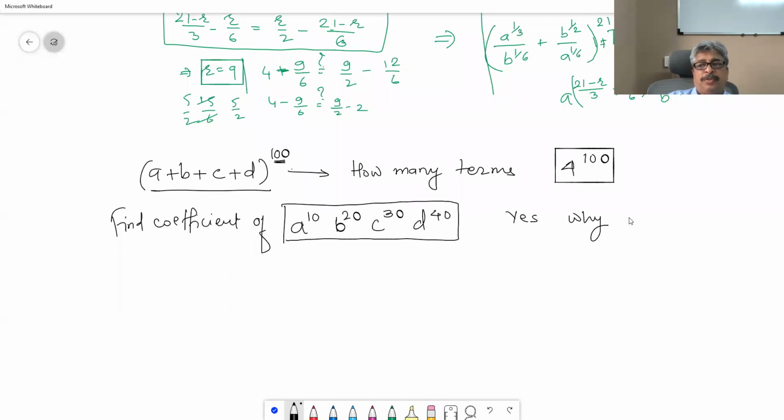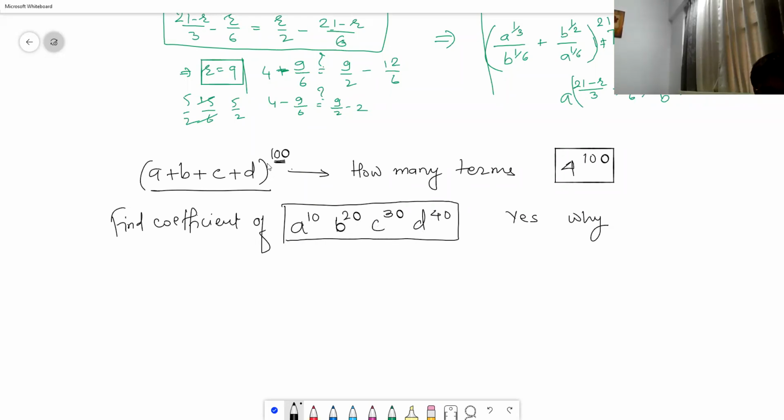We did this experiment for smaller powers and smaller terms inside the bracket, but the logic is going to remain the same. If a raised to 10, b raised to 20, c raised to 30, d raised to 40 is going to be the term in the expansion, then I have to choose 10 a's from 100 brackets.